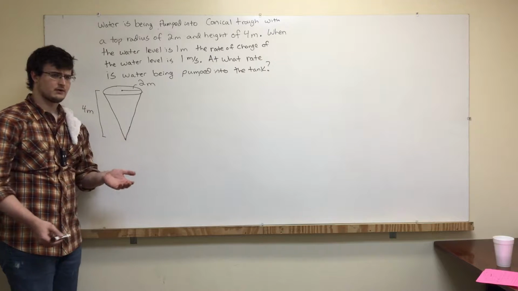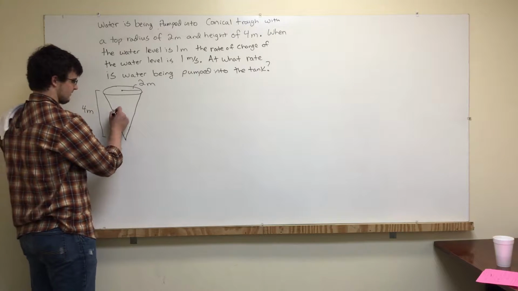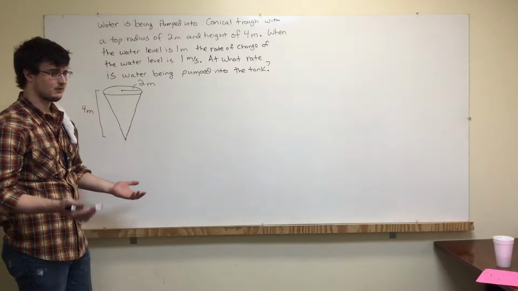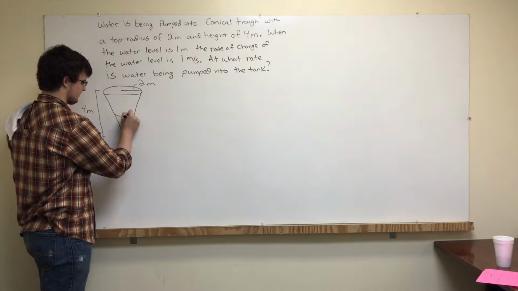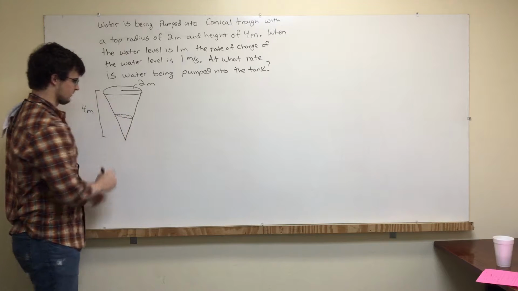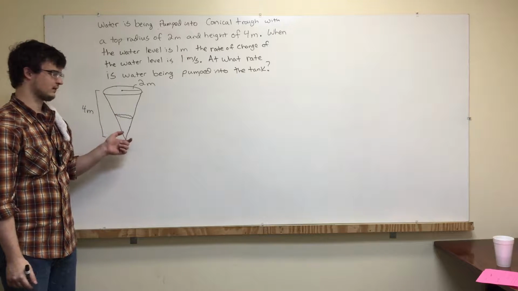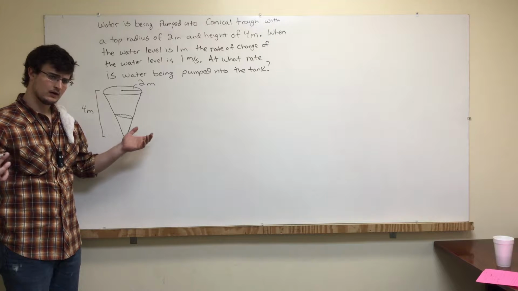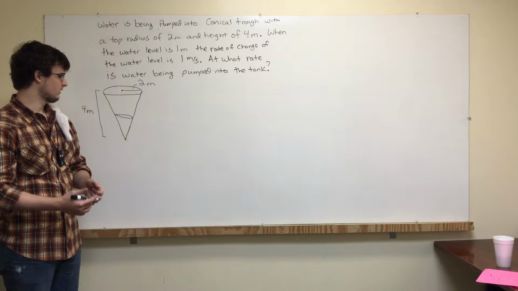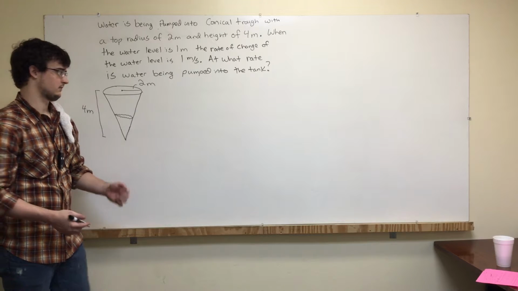Now, the volume of water equation, to get that, we might want to draw what the water might look like. So if you draw just a random water level in there, the water is just going to be a cone. So I want to work with the equation for the volume of a cone.